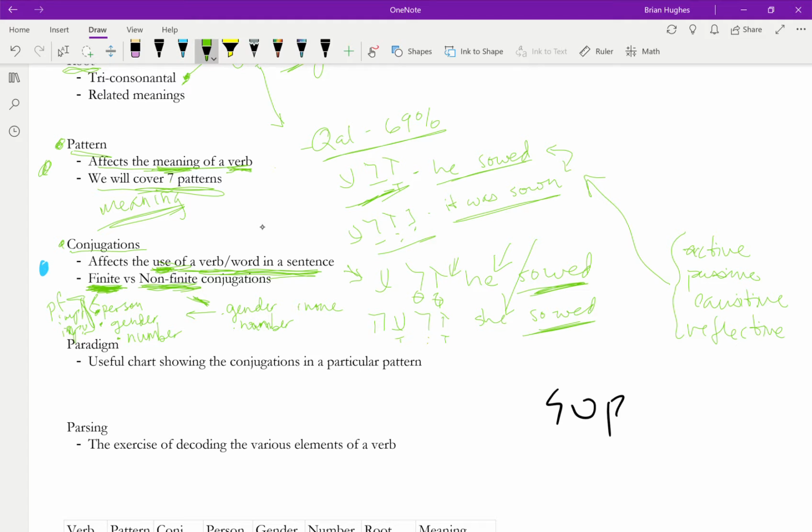In general, the pattern is going to be down here, and the conjugation is going to be in prefixes and suffixes. So we might have something like this.